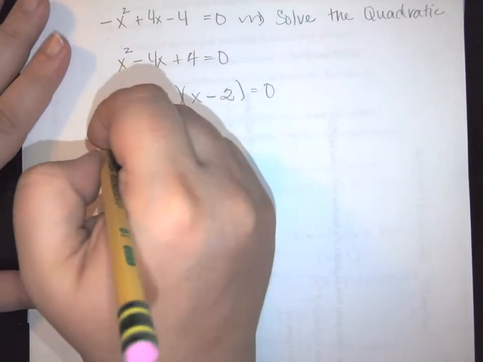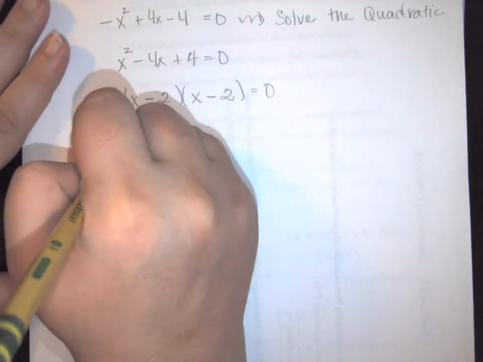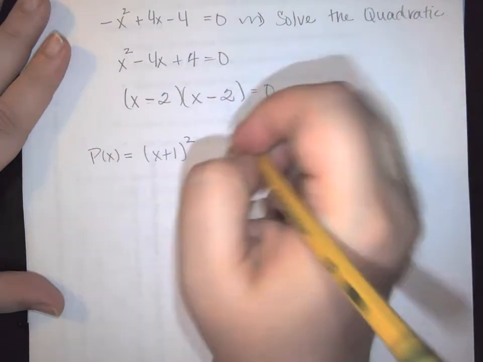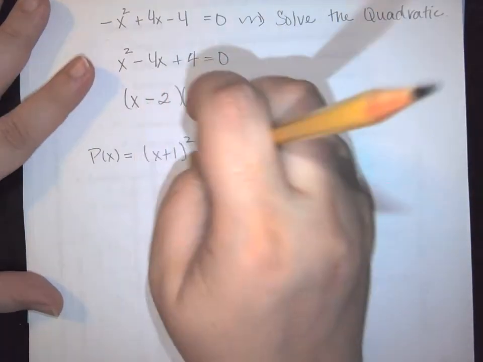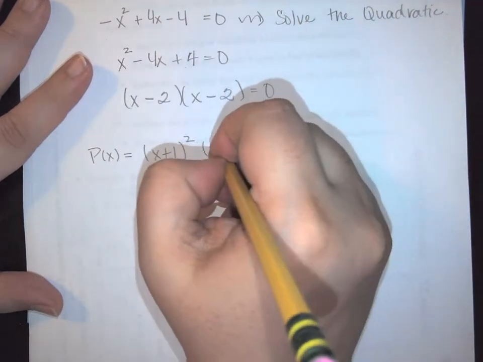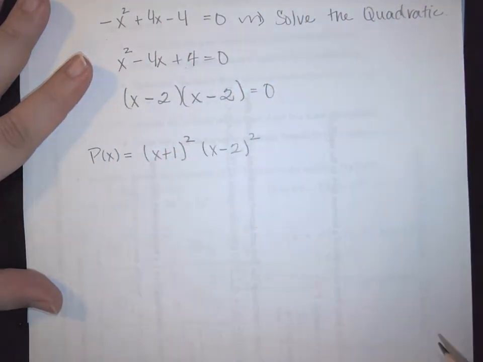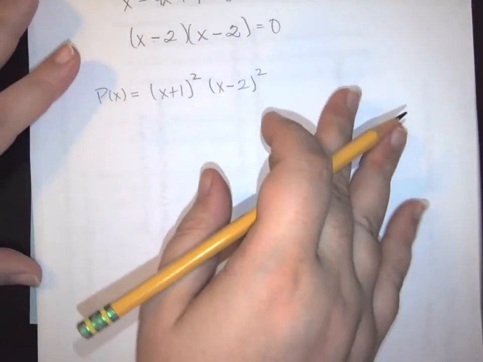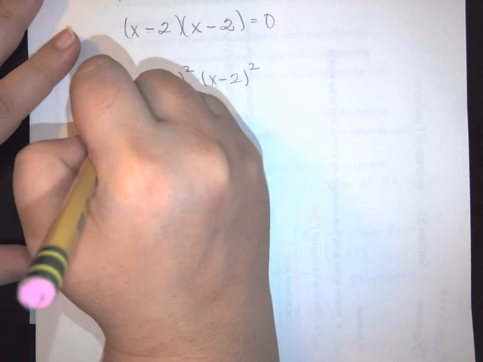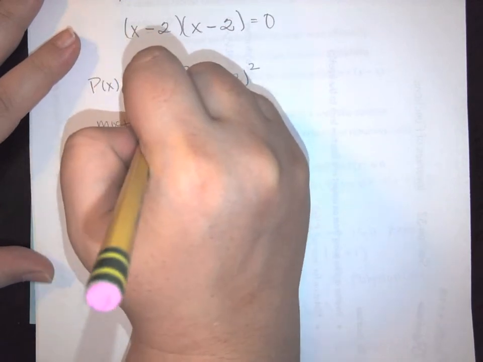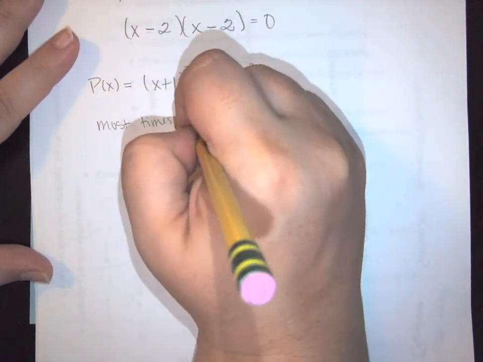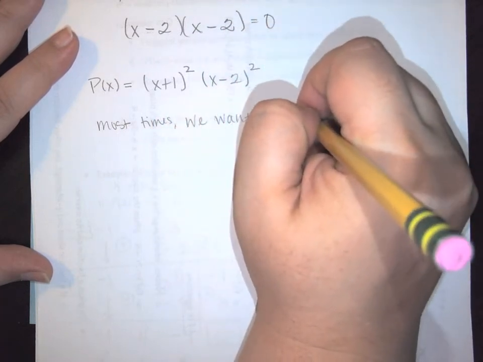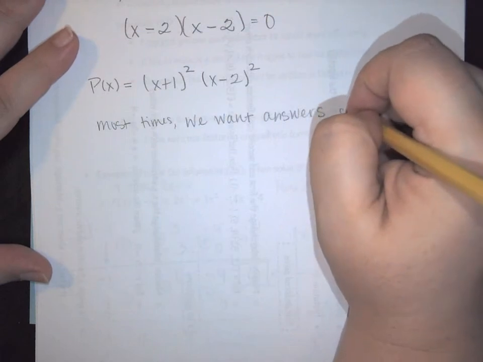So in here I have my polynomial is going to be x plus 1, and it occurred twice, times x minus 2, which occurred twice. Okay. Now, most of the time, we want answers separately.